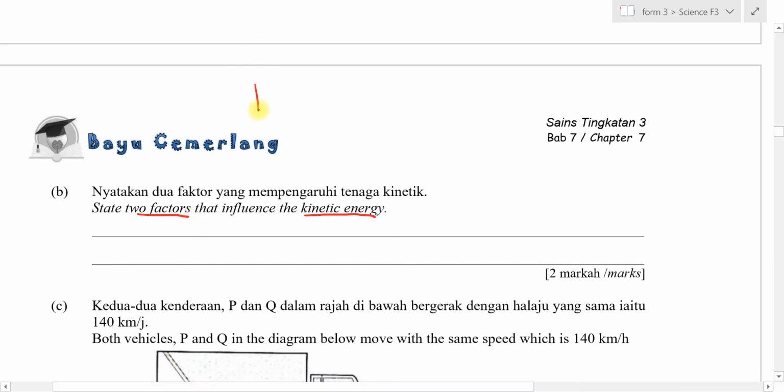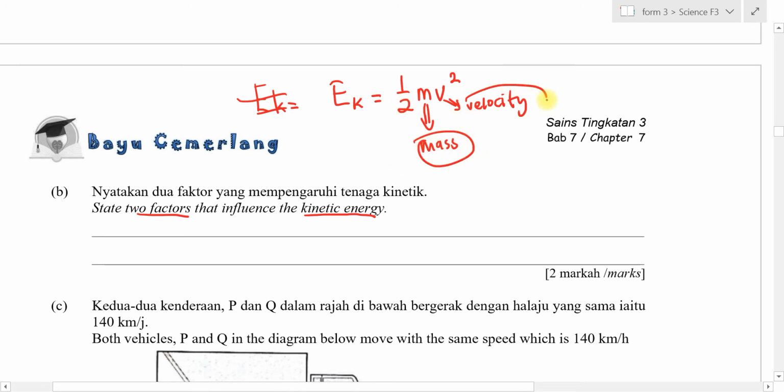Example, for kinetic energy, the formula is half mv square. So we know that m is for mass and v is for velocity. Through this formula, we can readily determine the factors influencing kinetic energy, which are the mass of an object and the velocity of an object.